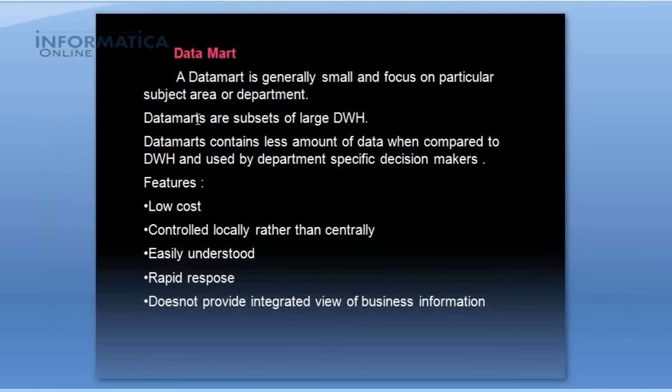An enterprise data warehouse will have information about sales, finance, marketing, HR, so with respect to all subject areas it will contain the data. But a data mart contains the information only on a single subject area. If you build a data mart on sales, it contains only the sales subject area data. When you build a data mart on finance, it contains only the finance information.